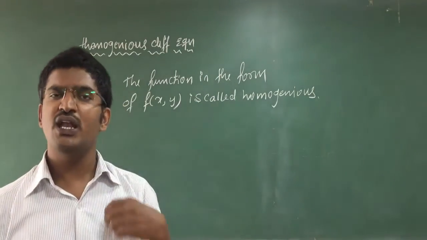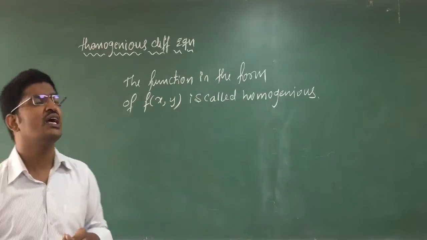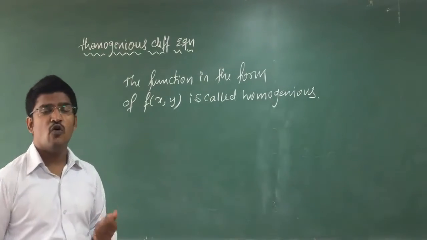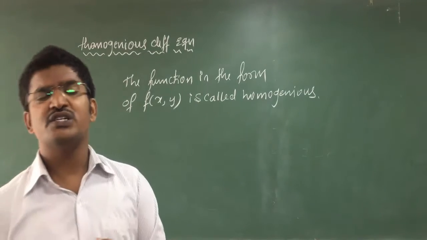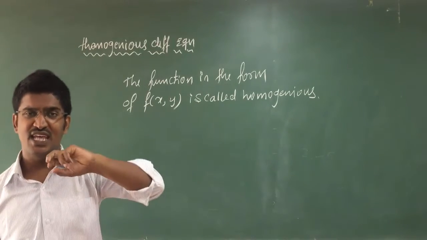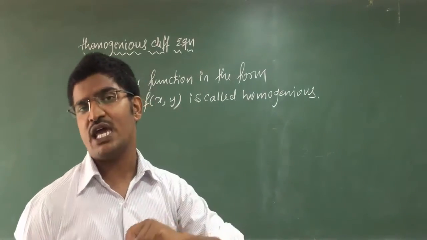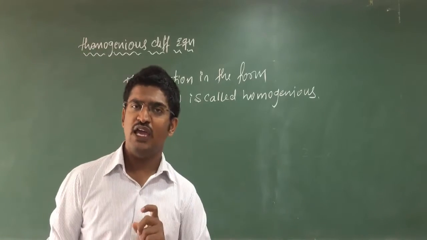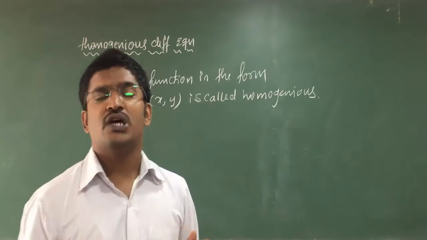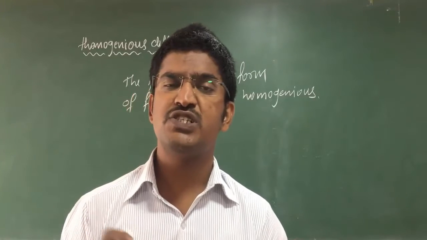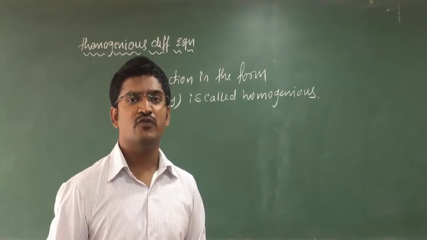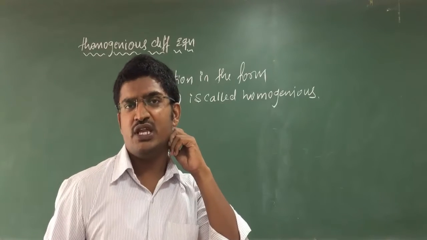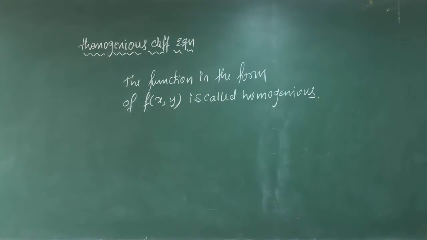The function must be in two variables. That particular function is called a homogeneous function. In other words, if I take anything as common, either x or y, inside the function the variables must not get separated. They should be in the homogeneous form. So we call it a homogeneous function.